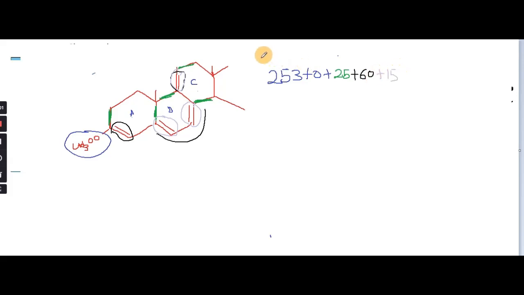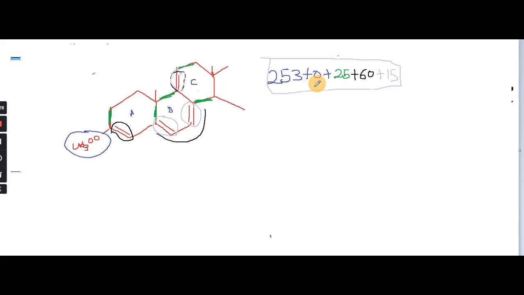So the maximum wavelength absorption of this compound is going to be 253 plus 25. So it plus 0, you can ignore the 0. Then plus 60. Then plus 15.